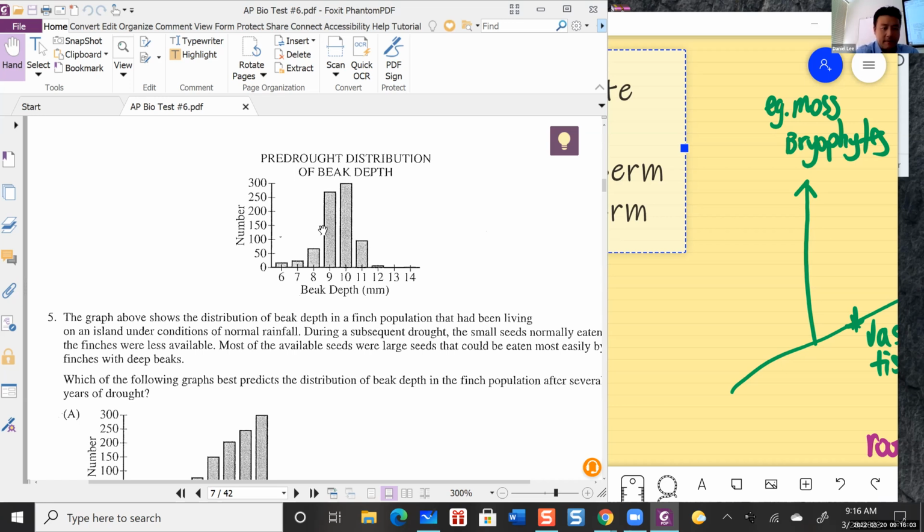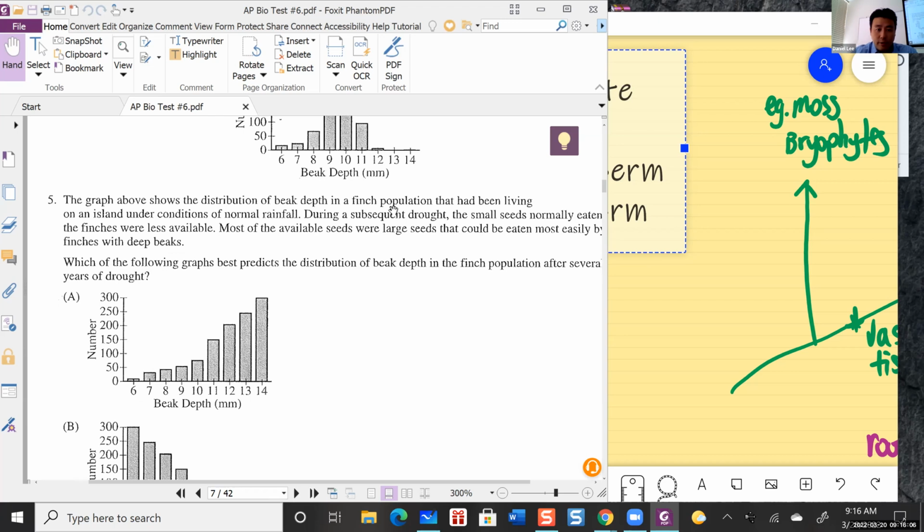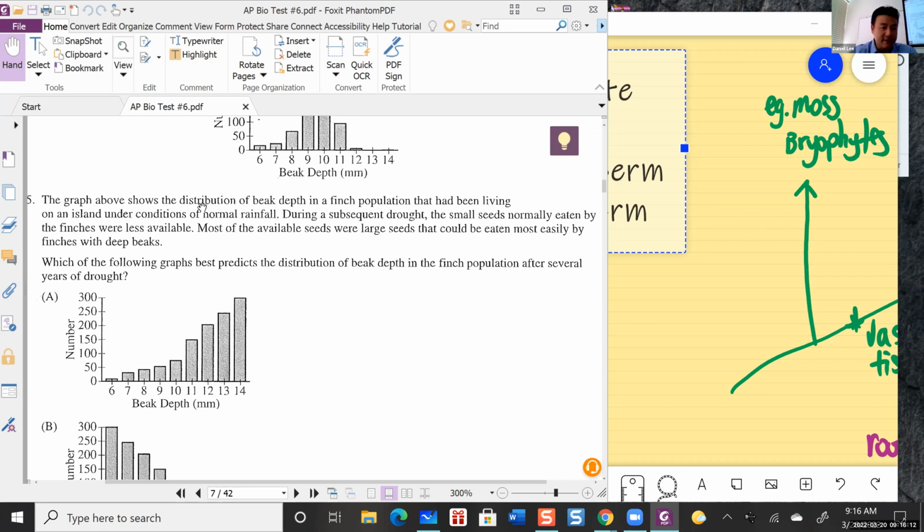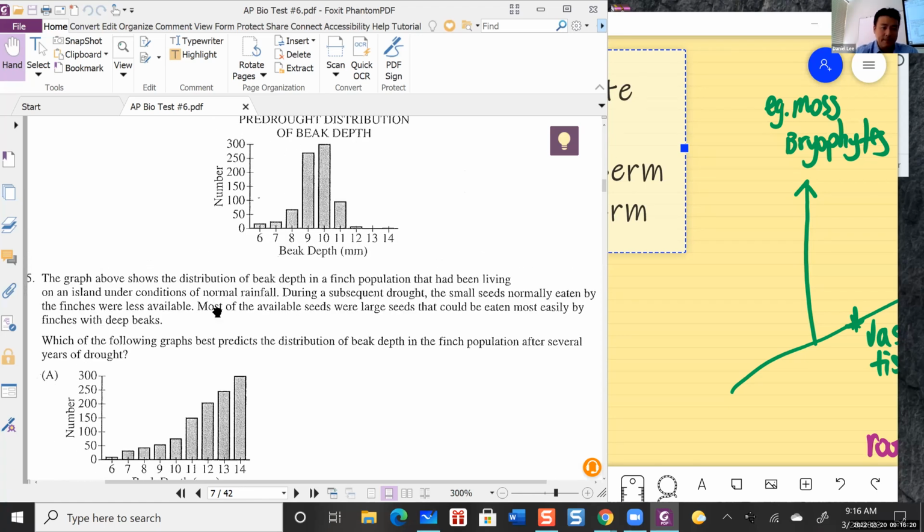Then it says, during a subsequent drought, small seeds normally eaten by the finches were less available. Most of the seeds were large and could be eaten easily by finches with longer beaks. So we're told that because of the environmental changes, the longer beaks, the ones at 9 and 10, are now the most adaptive, right?